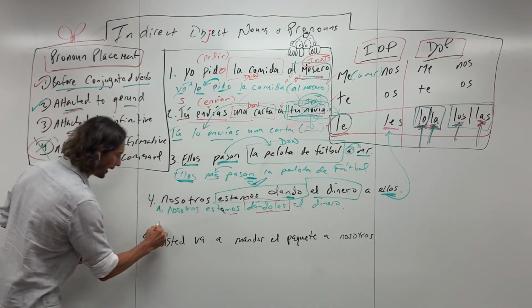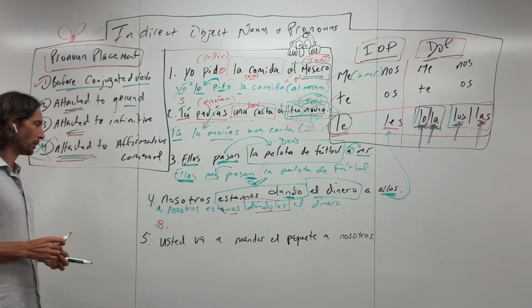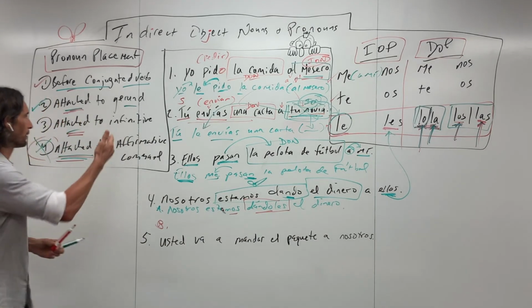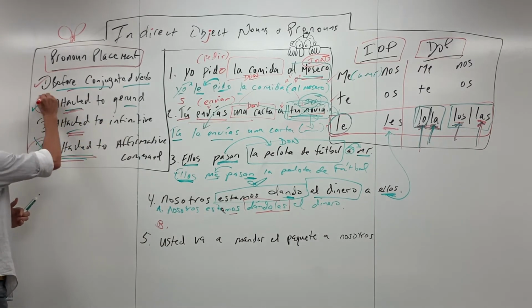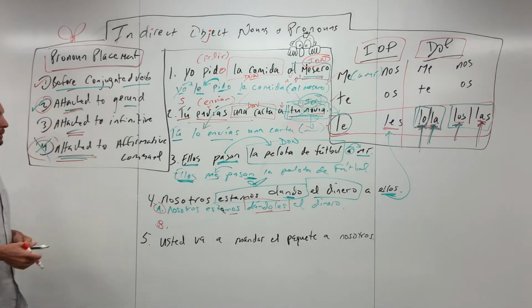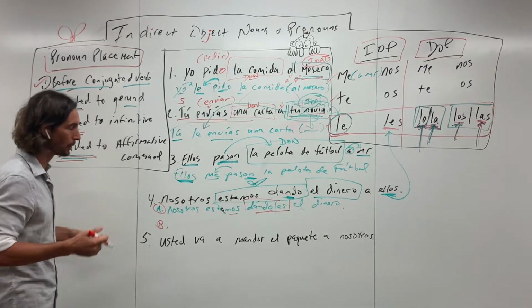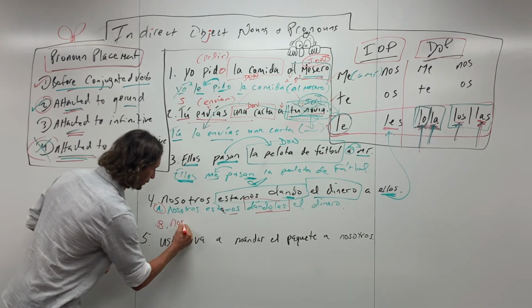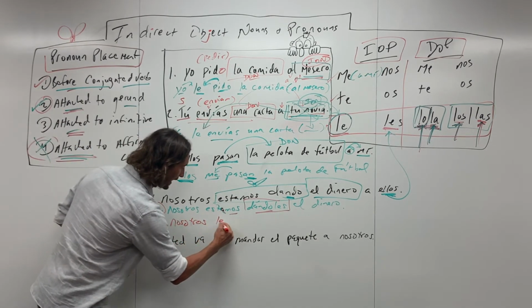Now there's another way, and let's write it in red. We just opted for option 2 on this one, right? Now we're going to opt for option 1, which is always an option for the most part, right? And so we'll do nosotros, les, right?